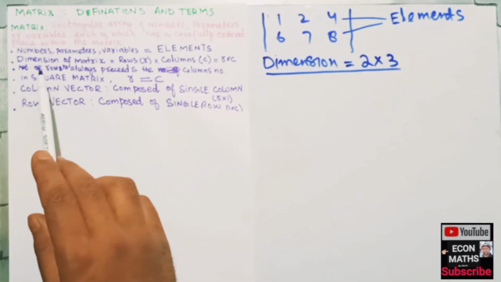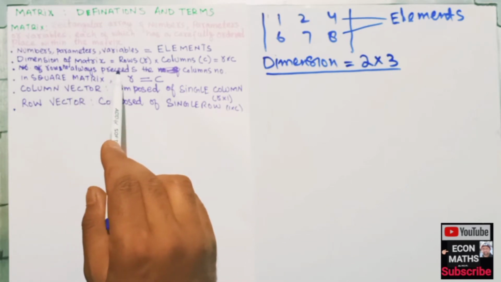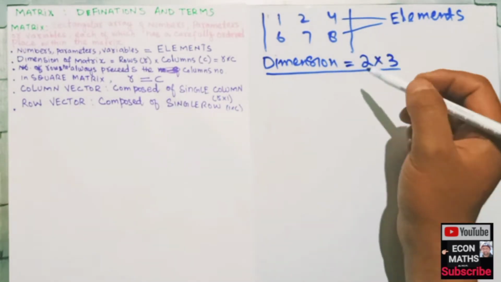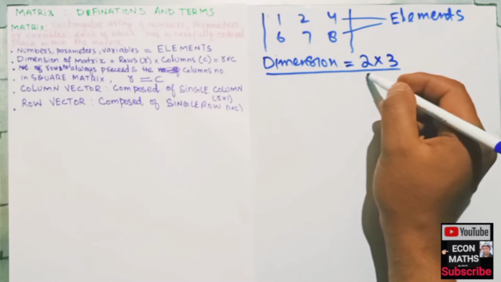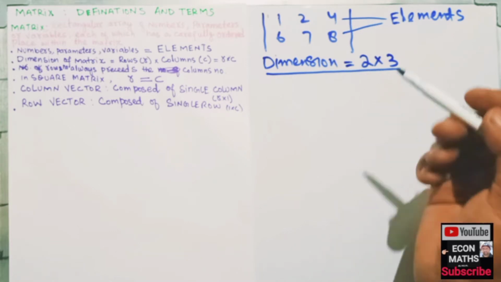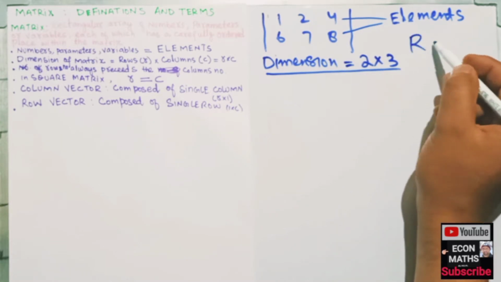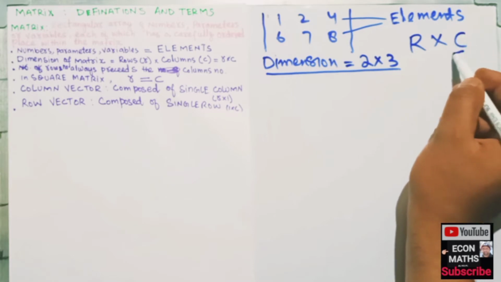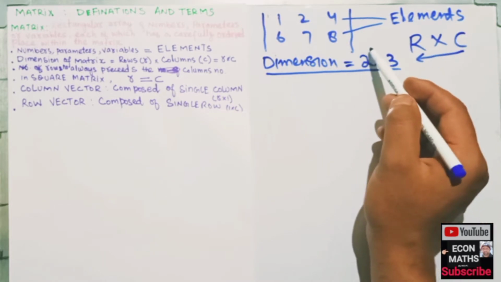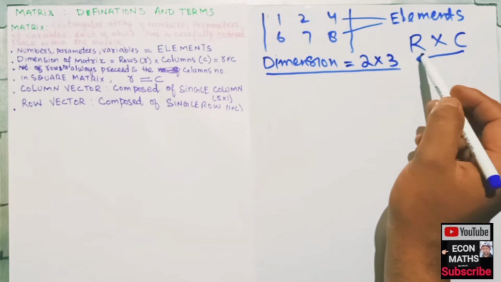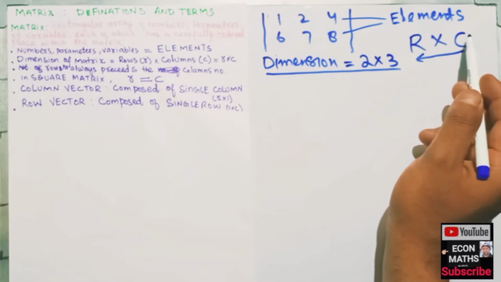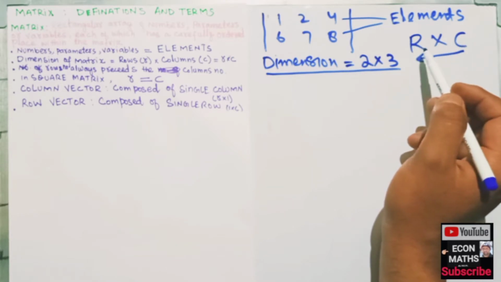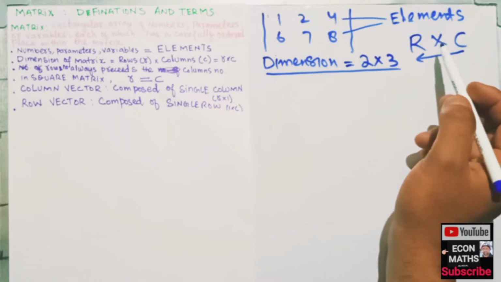Now, row number always precedes the column number. First we write the row, that is to say R cross C. So first we write R, and then after R we multiply by C. We can't interchange the positions here.